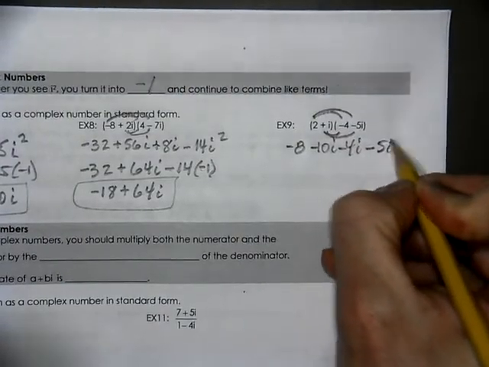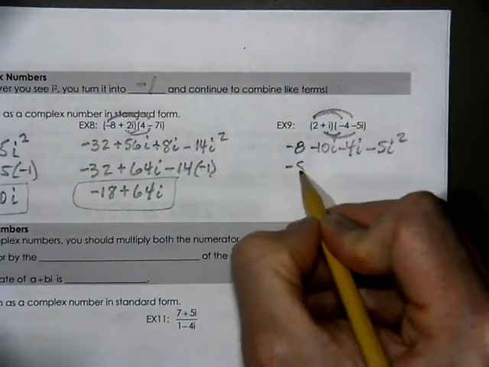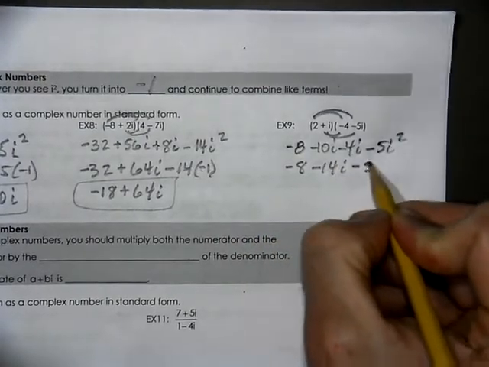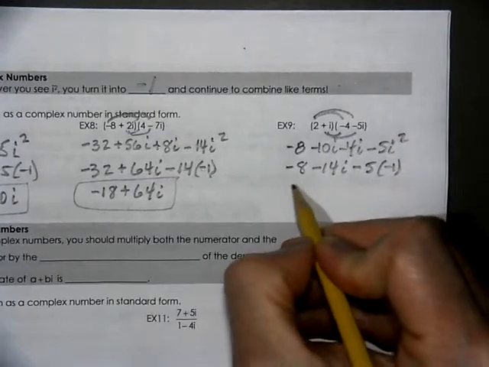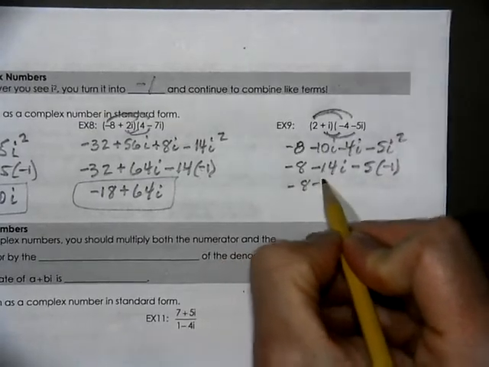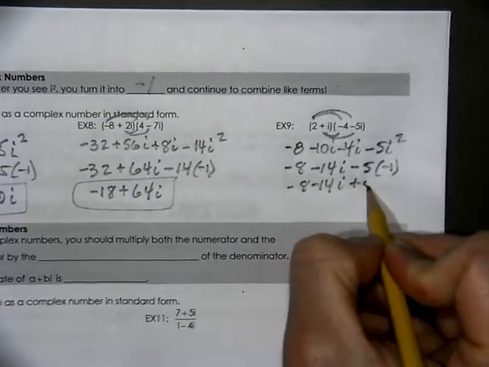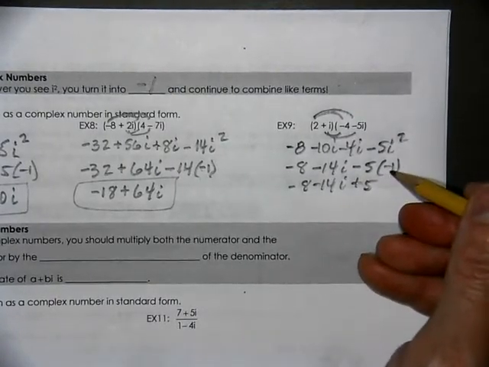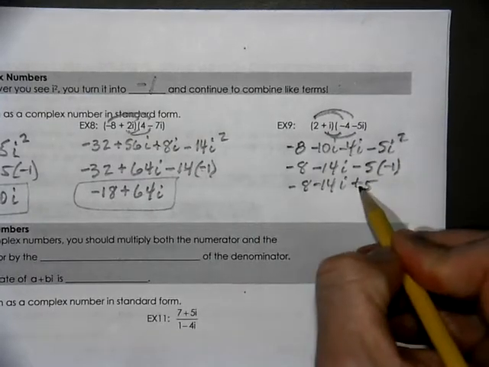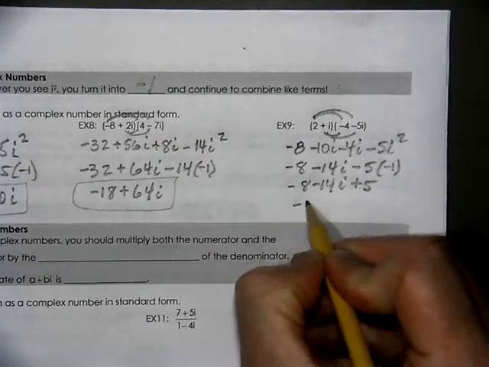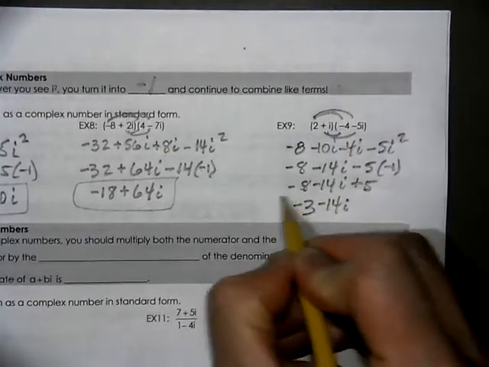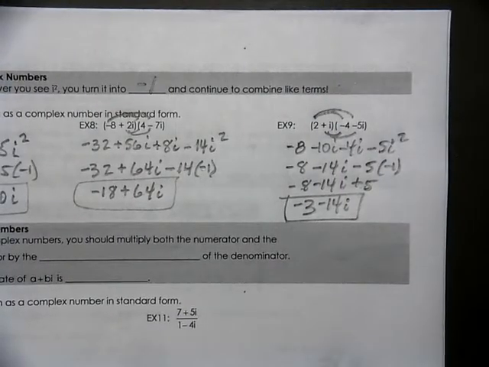Negative 5i squared. So the negative 5 and the negative 1, because that's what an i squared is, makes a positive 5, which gives us a negative 3 when you combine those together. And your negative 14i.